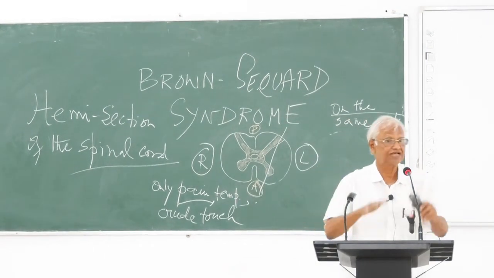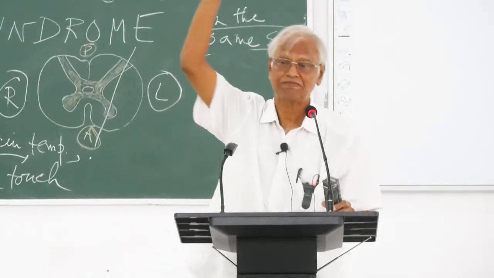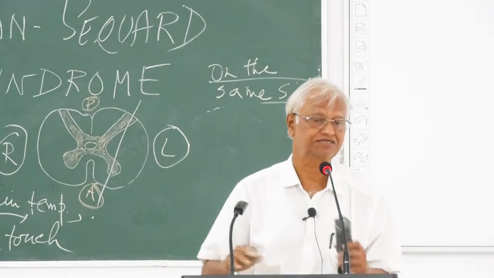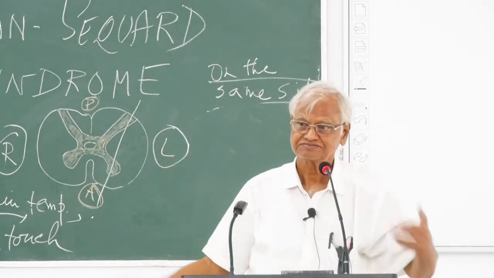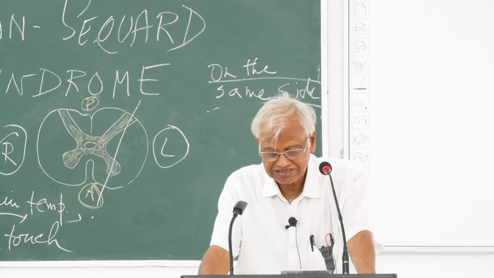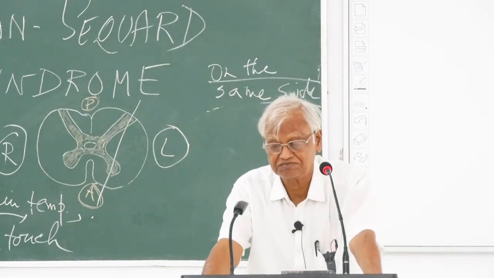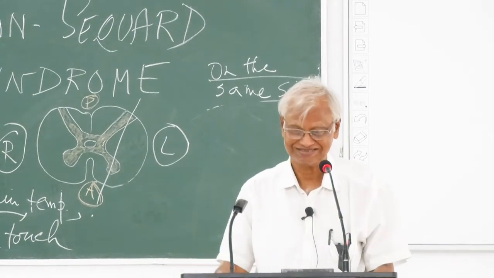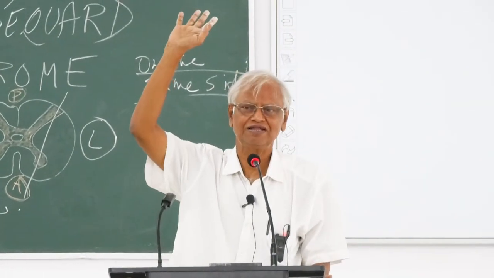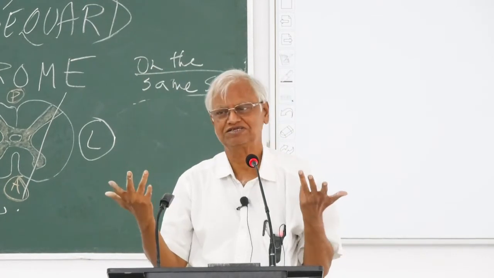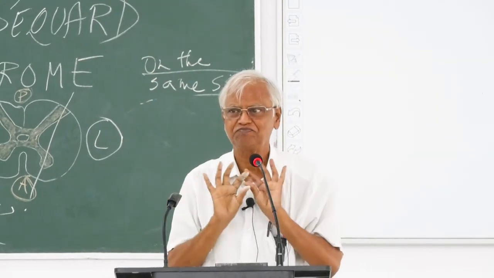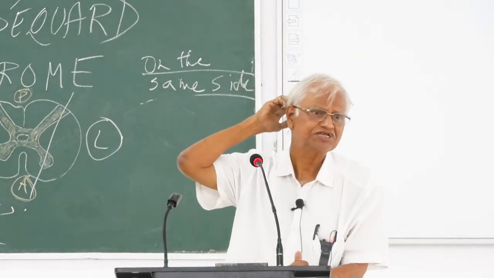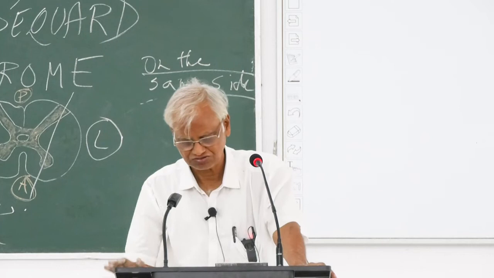So below that, 9th, 8th, that is above, and 11th, 12th, or lumbar 1, 2, 3, 4, 5, sacral, etc. are all below that. So below that level is the most important thing, because it is a larger area. At the level of lesion is a very small area. Above the level of lesion, nothing much, only a band of hyperesthesia. Band means only a few centimeters, maybe 2 or 3, not more than that.